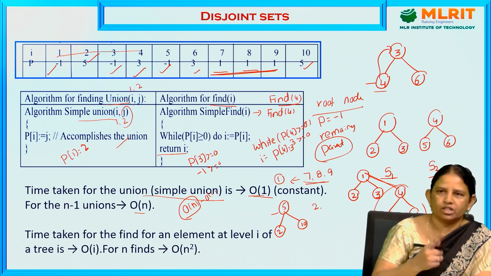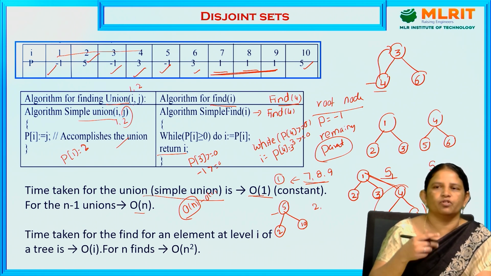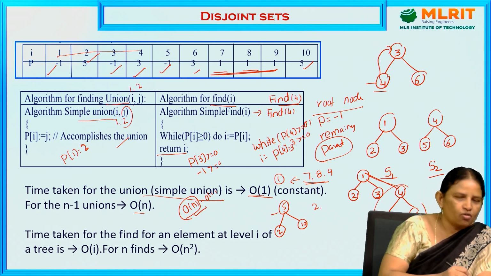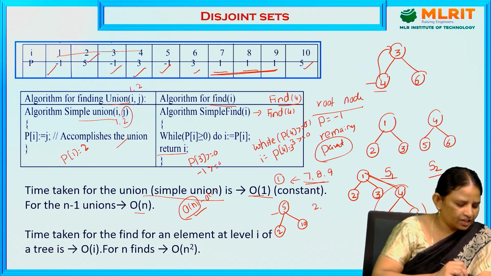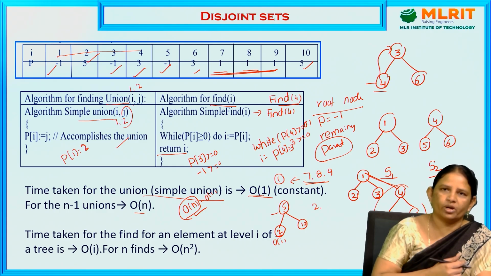For one union operation, 1 is the time complexity. If you perform n number of operations, it takes the time complexity as big O of n. If you consider the find operation, suppose it is at level I. The time complexity is big O of I. If the number of levels is increased, the time complexity increases.